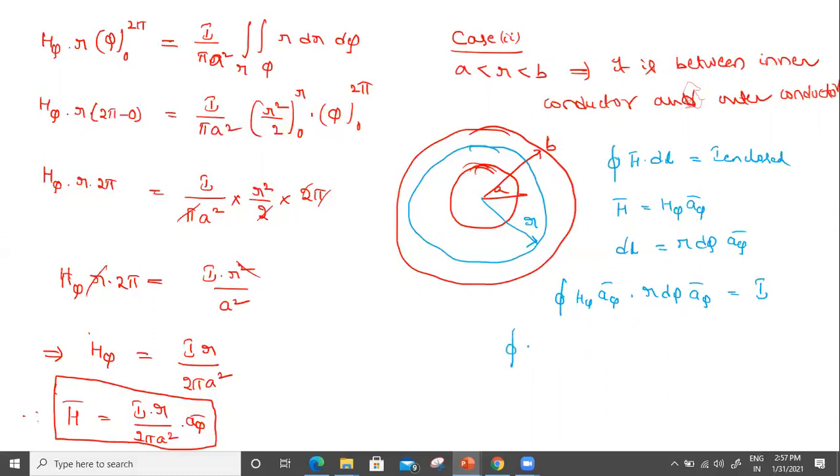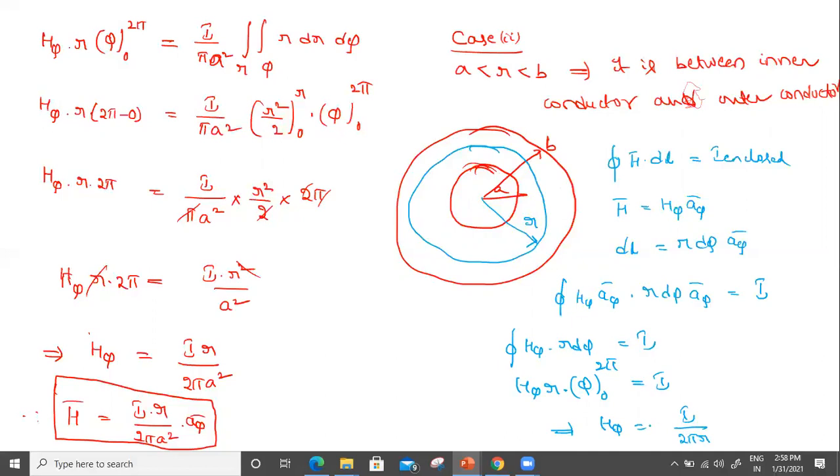Finally, it reaches integral H phi r d phi equals I. If we apply the integration, H phi will be constant, r will be constant, and integral d phi has limits 0 to 2 pi. So if you simplify, finally you get H phi equals I by 2 pi r.